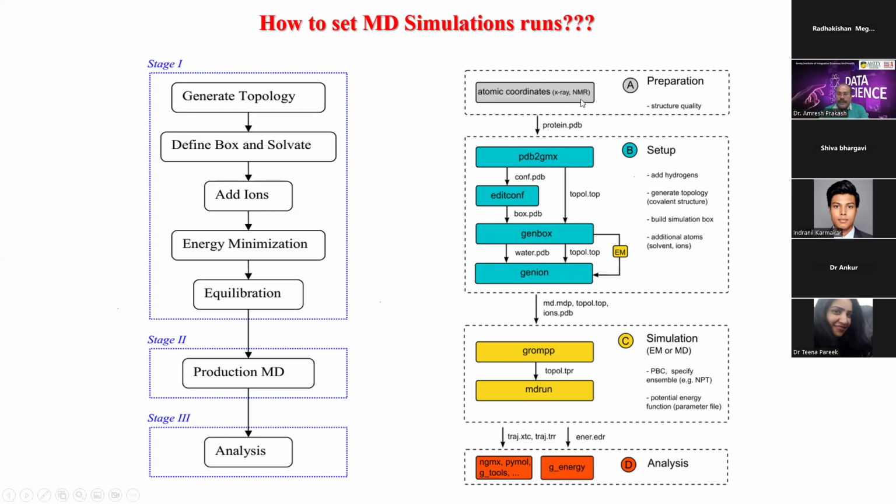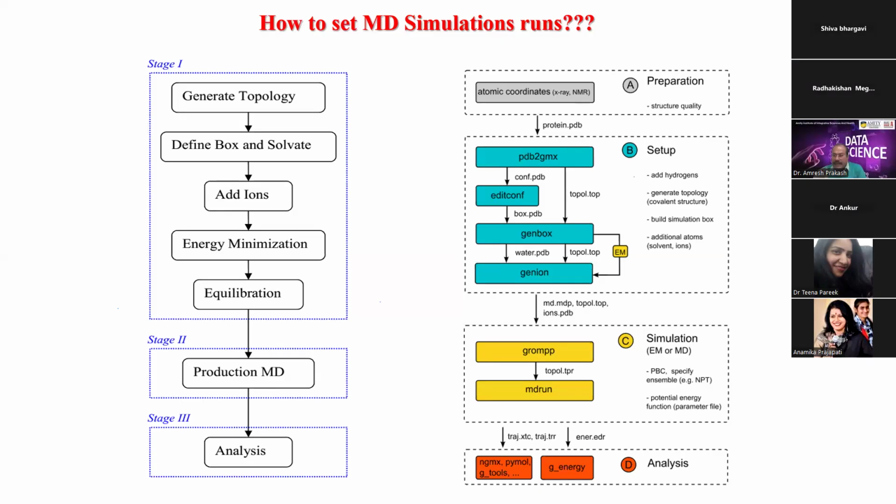So here, when we work with GROMACS, we use gmx pdb2gmx. PDB to GMX means we have taken the protein as a PDB and we convert it into the GROMACS format. A simple command, pdb2gmx.